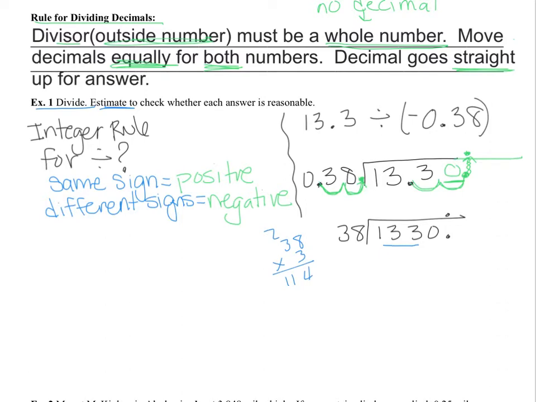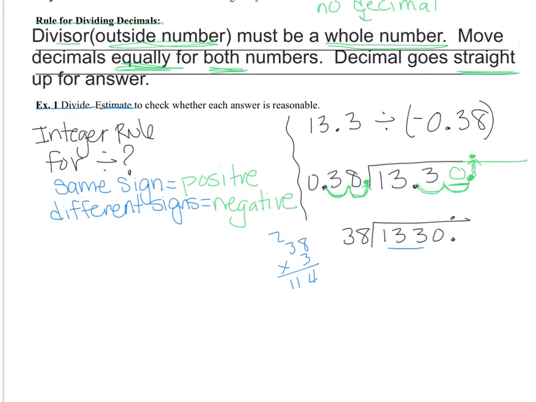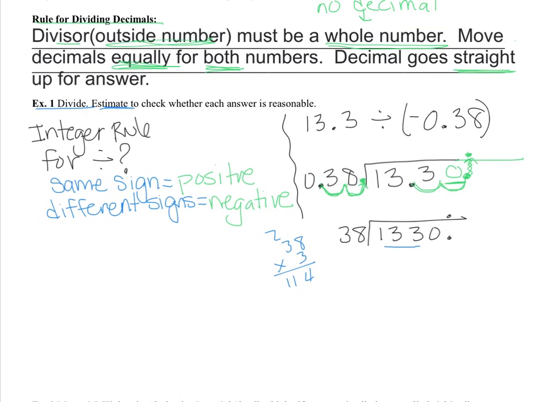114. I think that's going to work for us, so I'm going to put a 3 and subtract 114. 3 is too little, so I have to borrow. 13 minus 4 is 9, and 12 minus 11 is 1. So bring down our 0. Now we're going to divide into 190.